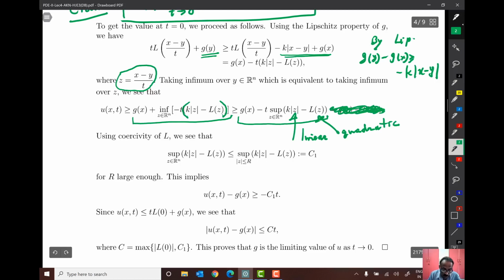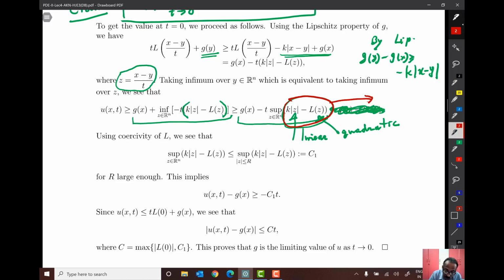So as |z| is large, this will go to basically minus infinity. You have to understand that little bit of analysis here. Because of this quadratic growth, this goes to infinity. So minus that will be going to minus infinity as |z| tends to infinity.